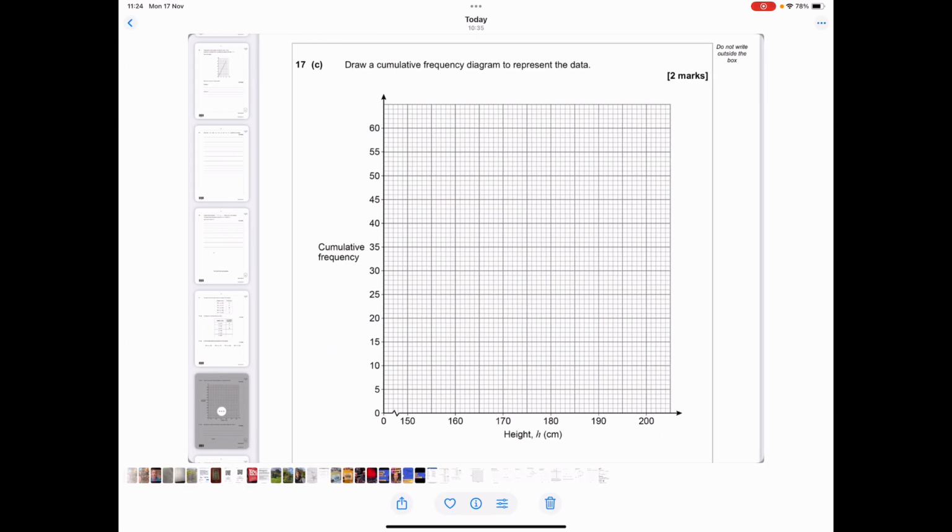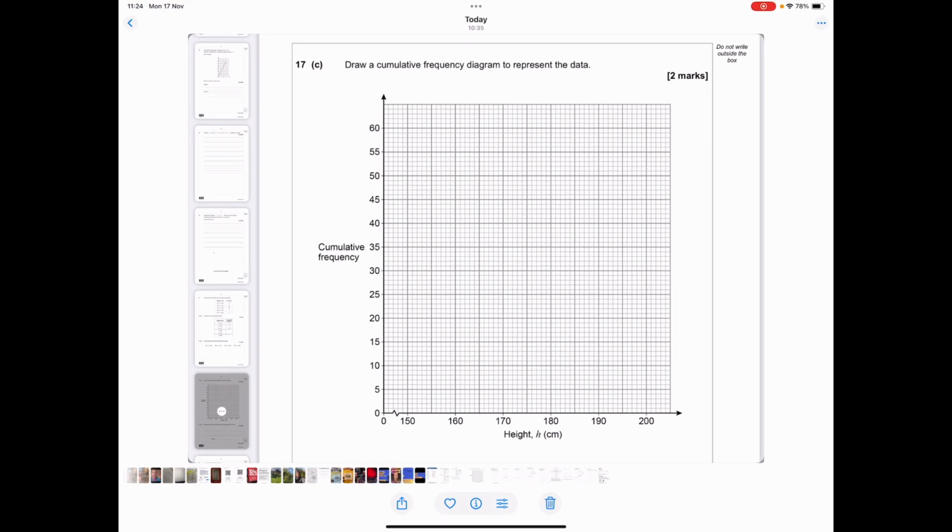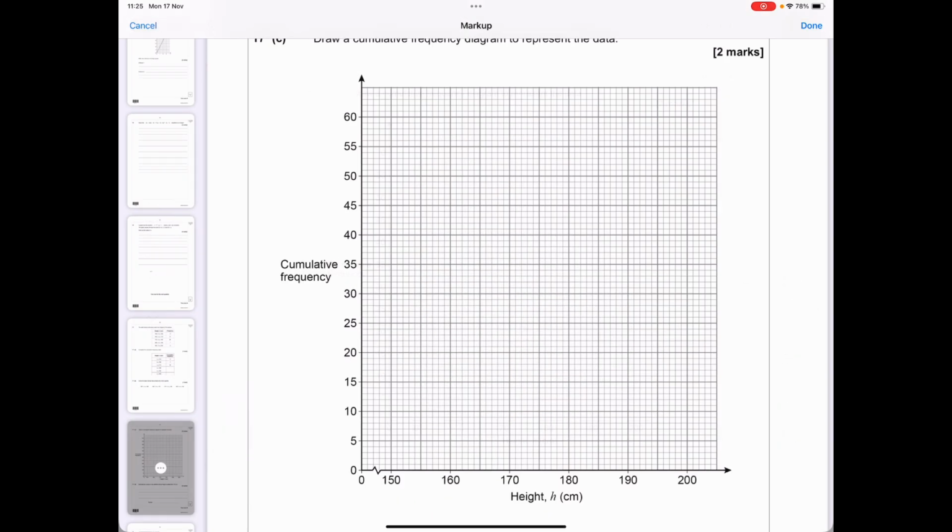Now, draw a cumulative frequency graph to show this off. So we've got 0 at 150. We've got 4 at 160. We've got 16 at 170.